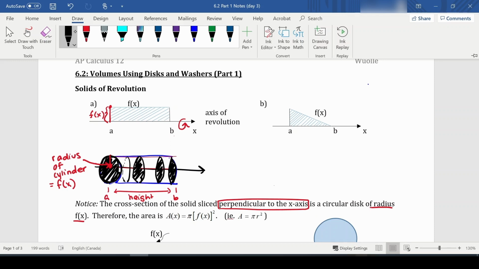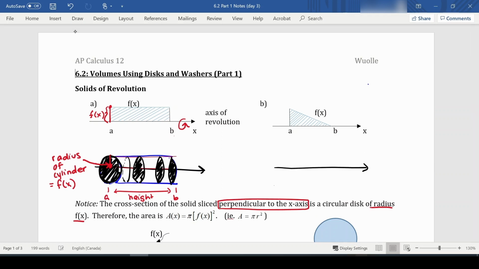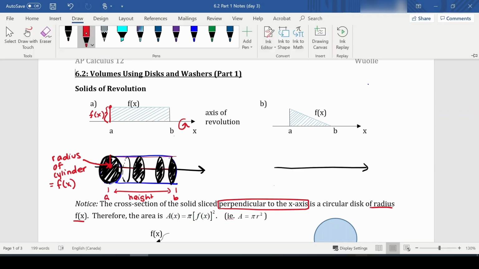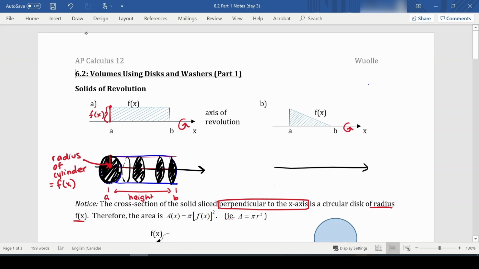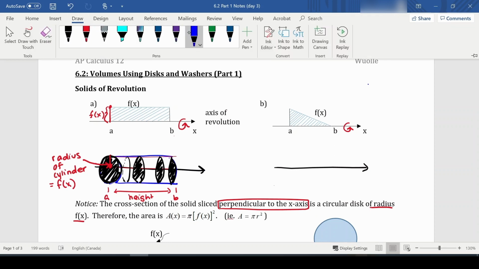So if I have a triangle, our axis of revolution is still going to be around the x-axis in this case. What shape will we create? Hopefully your answer was a cone.